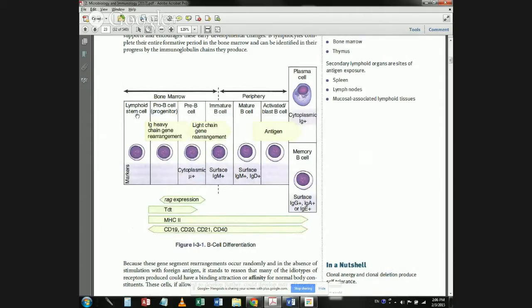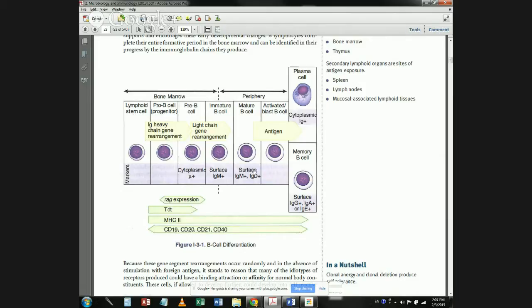And you have here a lymphoid stem cell matured due to stimulation of interleukin-7, interleukin-7 stimulating pluripotent cells to differentiate into lymphoid stem cells. And right now they have no markers, but then they decide, we're just talking about B cell differentiation here.